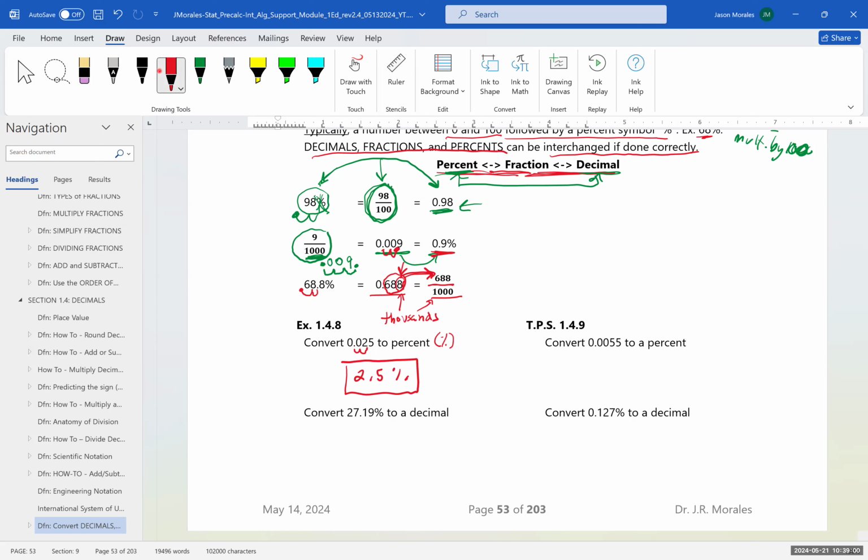Now let's convert 27.19% to a decimal. What we're going to do is move the decimal point, instead of 2 to the right, we're going to move it 2 to the left. So we've got 0.2719, and we get rid of the percent symbol.